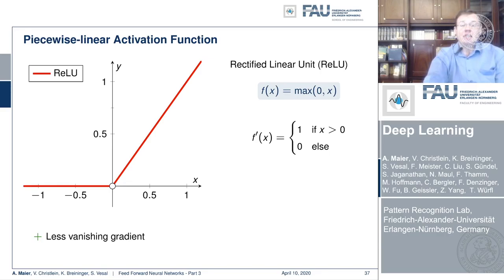There's no exponential function involved, and the derivative is simply 1 if x was greater than 0 and 0 everywhere else. So there's much less vanishing gradient. We have essentially the entire positive half space that can be used for gradient descent. There are also some problems with the ReLU, which we will look at in more detail when we talk about activation functions.